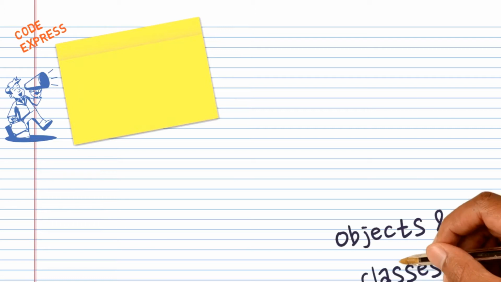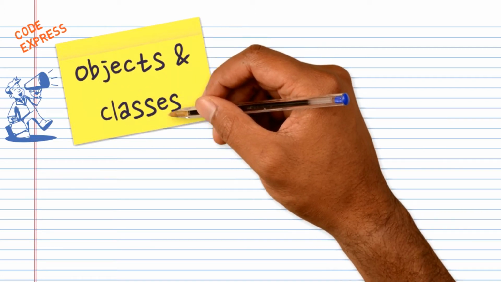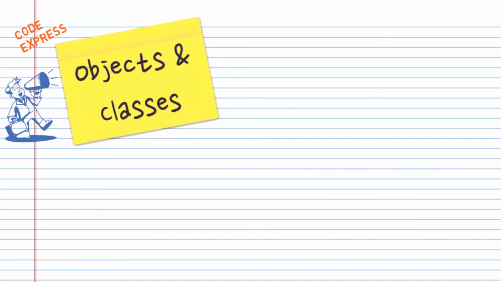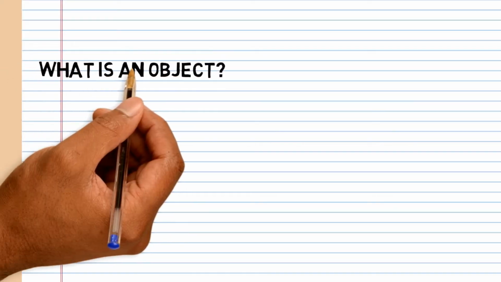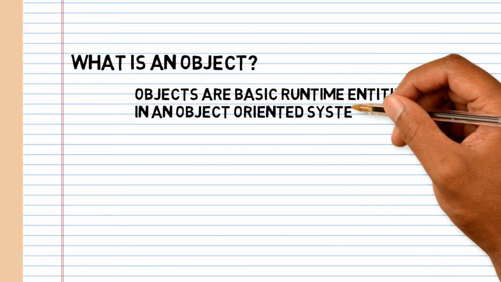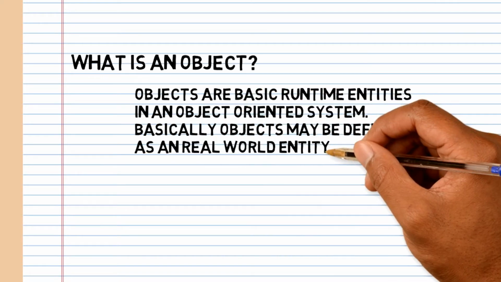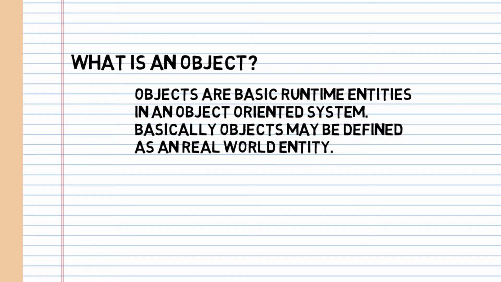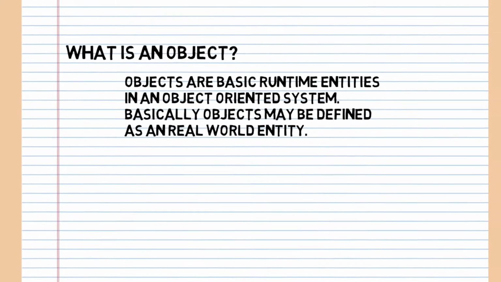So let's get started. The first concept that arises in Java is basically objects and classes. So what is an object? In Java, objects are runtime entities in an object-oriented programming system. In the real world, objects may be defined as real-world entities.